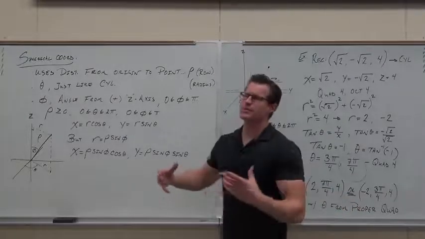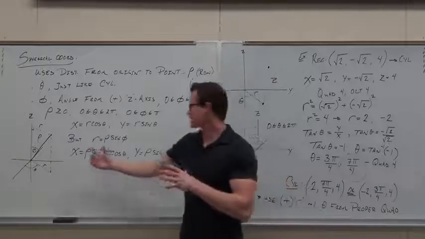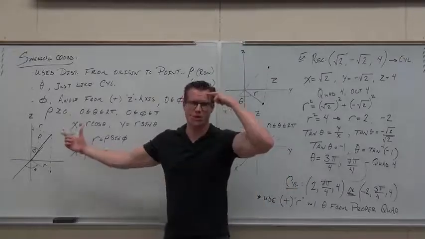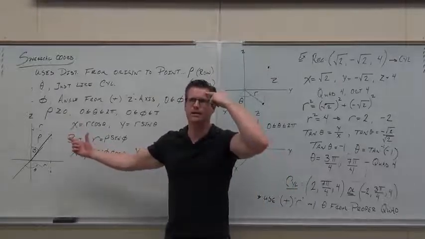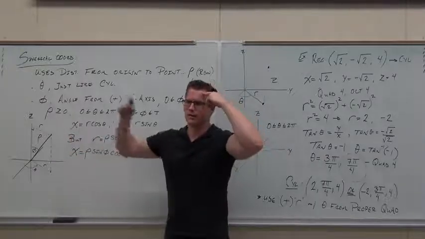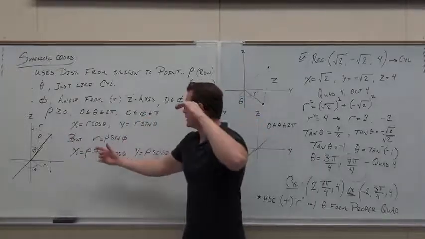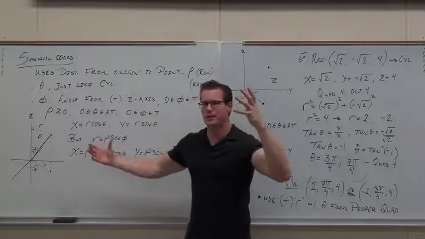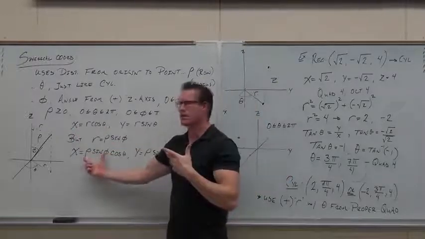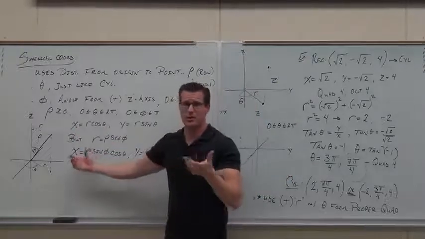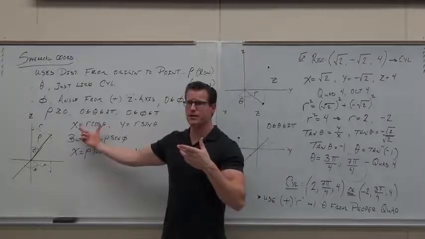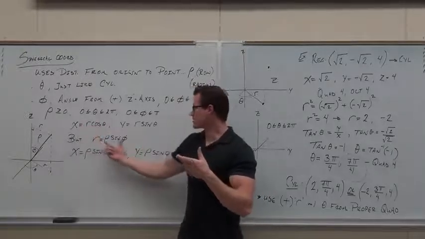But here's how I always think about it. I think about x as r cosine theta because that's burned into my head and I can't get rid of it. You can't unsee things. This one's not. So when I think about x, I think about r cosine theta. And I go, well, what's r? r is rho sine phi.